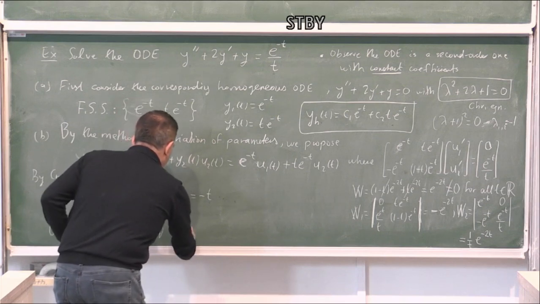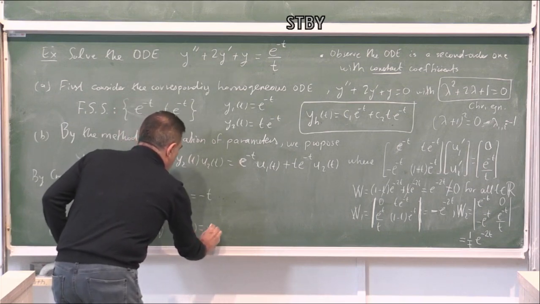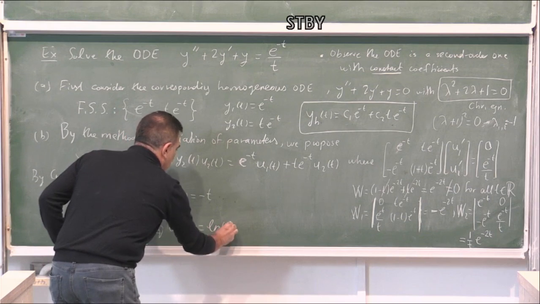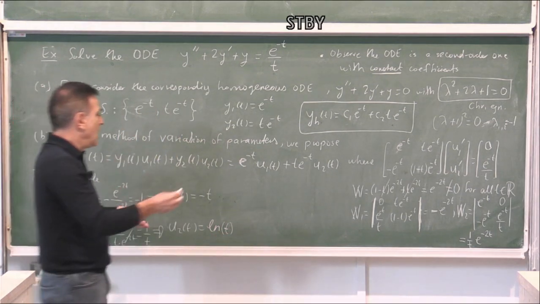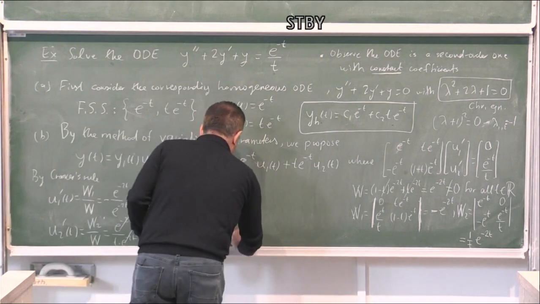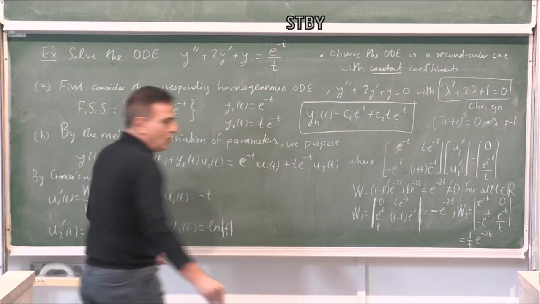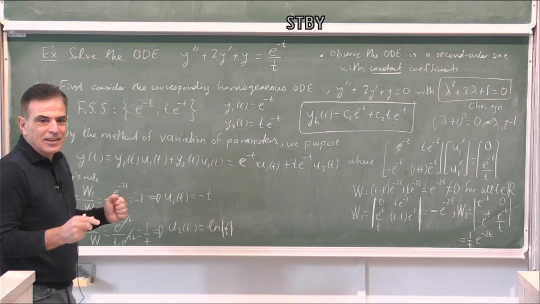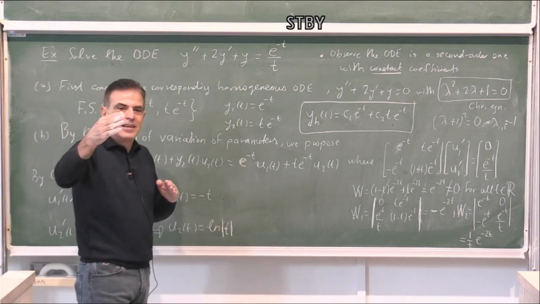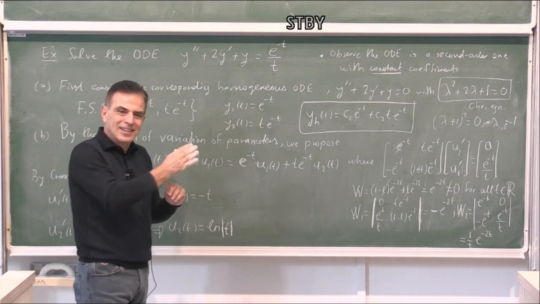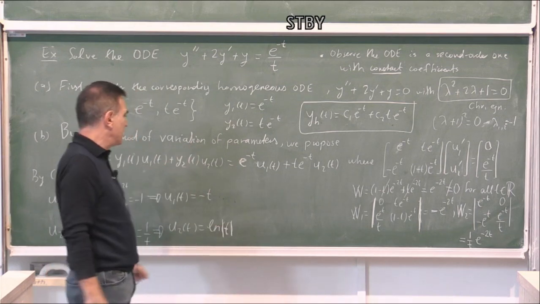Now, integrating that, we get u2, which is ln t, or ln of the absolute value of t, which tells us that this solution involving ln t is valid when t is positive or when t is negative. Taking the absolute value, it's okay.